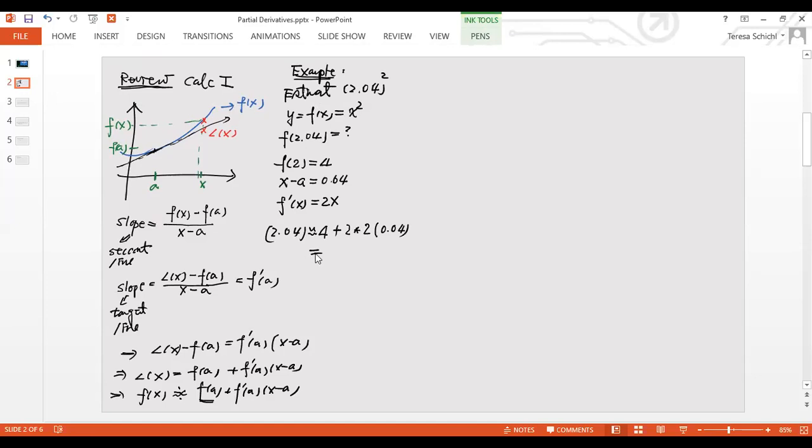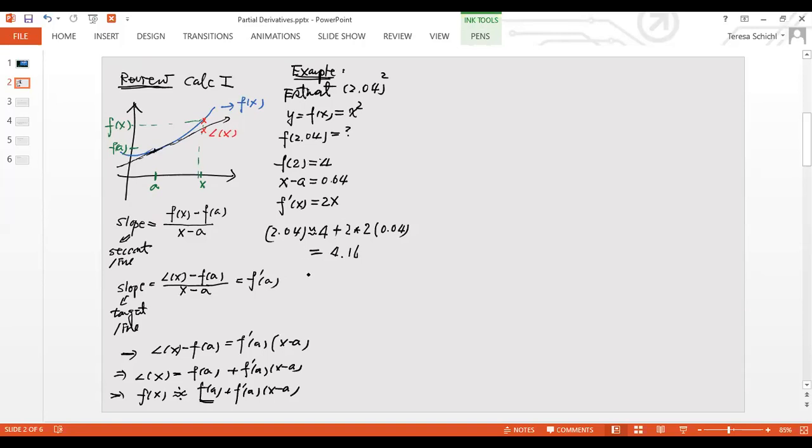So let's see what the answer is here. 4 times 0.04 will be 0.16, then plus 4, it will be 4.16, right? So I estimate it's 4.16, from estimation.